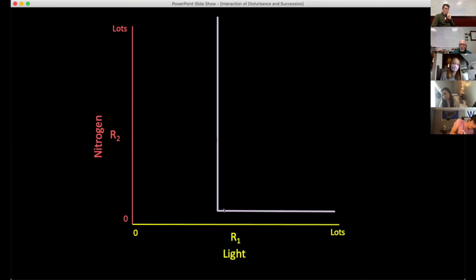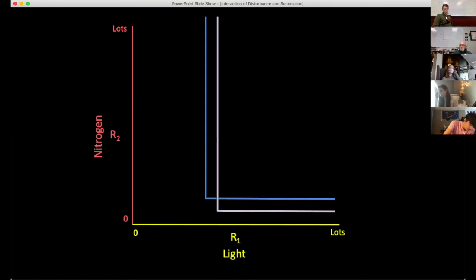So early successional plants might be those plants that are lowest in their nutrient requirements, but very high in their light requirements. Now, as they grow up, they alter the environment. They take up the space that allows light to come through, and so they are good competitors for light. But as the process of them living and dying goes on, they're adding nutrients to the soil, and that sets the stage for the next suite of species that come in that require less light but require more nutrients.